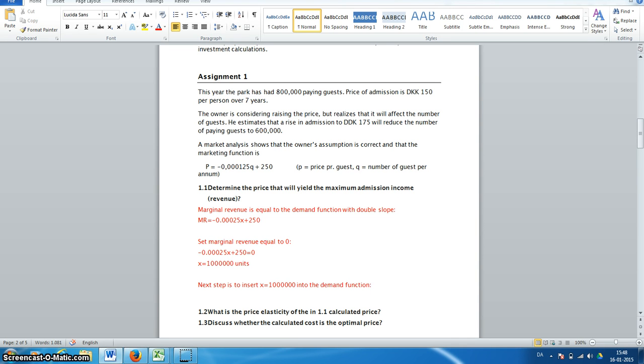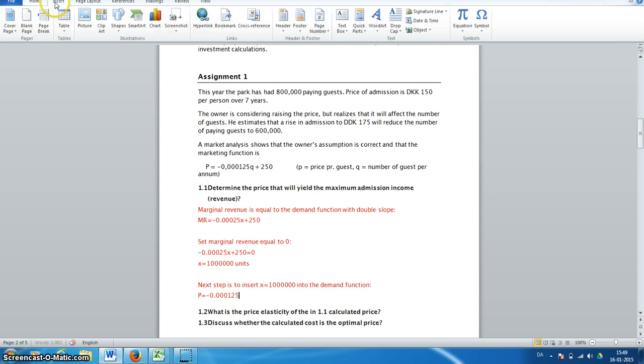And the function will then be p equal to minus 0.000125, and instead of x we now write multiplied by 1 million, and next plus 250.